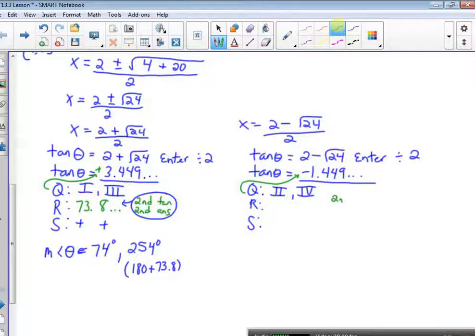To get that reference angle, first of all, I'm going to get rid of that negative, because I don't want to get a negative reference angle. So I'm just going to take my answer and multiply it times negative 1. And then I'm going to do second tan, second answer, to get my reference angle.